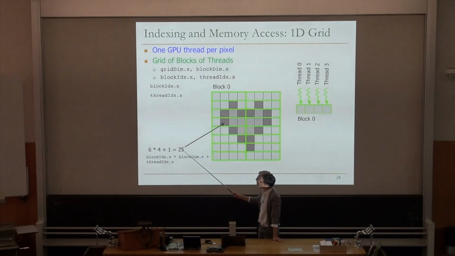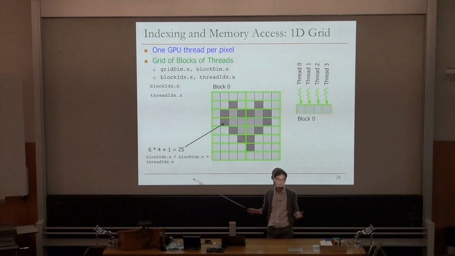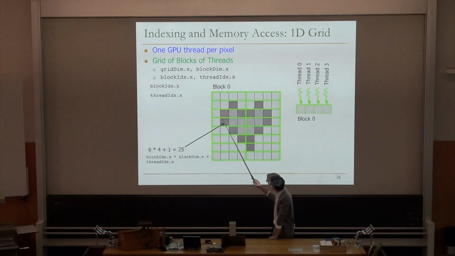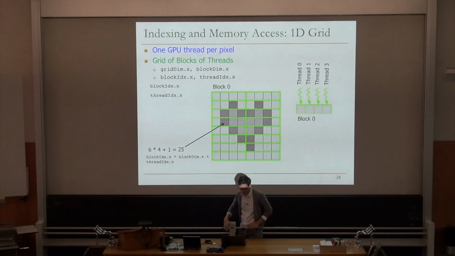So it's accessing pixel number 25. This is also a way of calculating what we call the global thread index. The global thread index for the thread that is going to be operating on this pixel is 25.